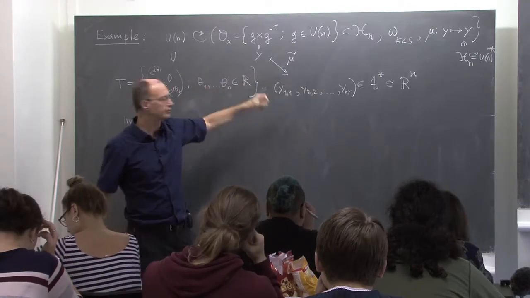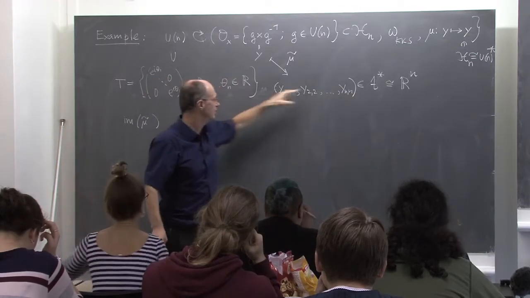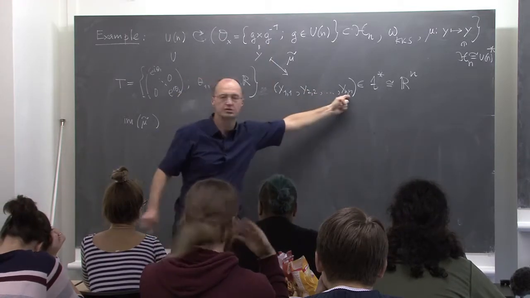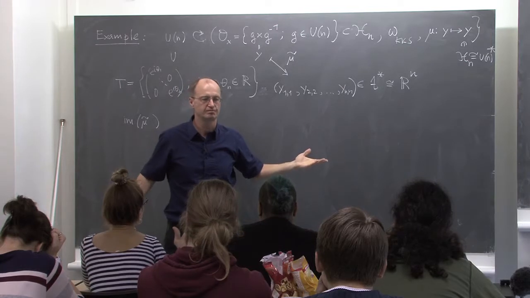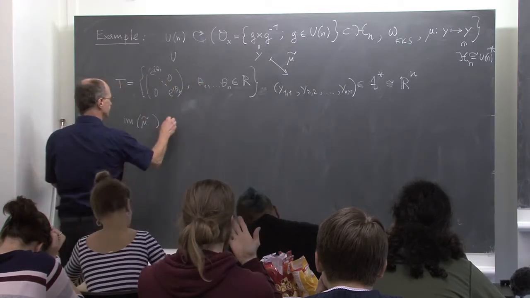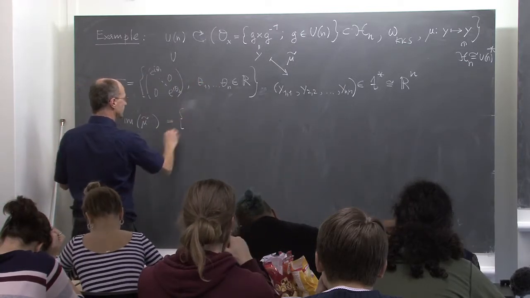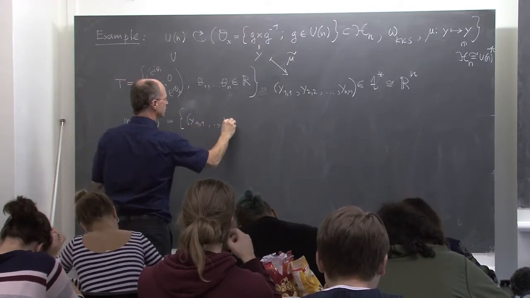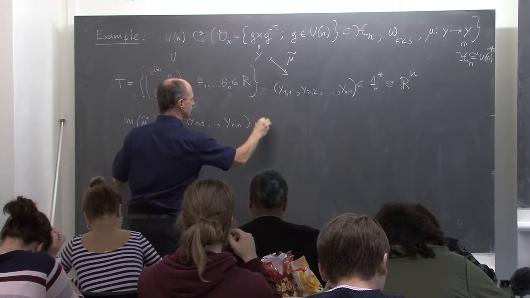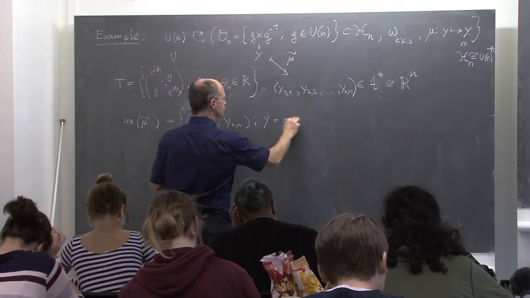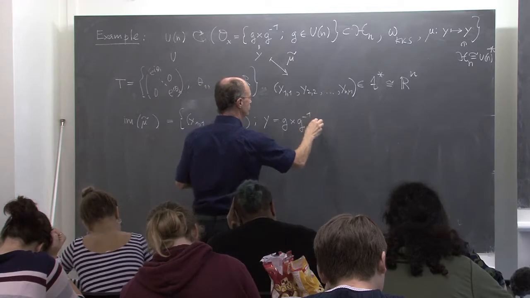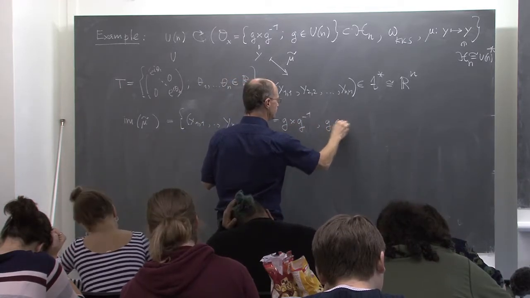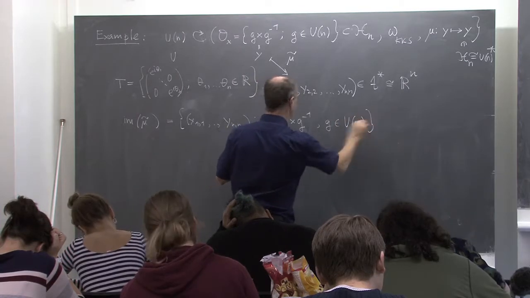And now you take the diagonal part of such a matrix, and you would like to know what are the possible diagonal parts, right? So this is equal to those diagonals, for y equal to g x g minus 1. So x is fixed and g is in U(n).